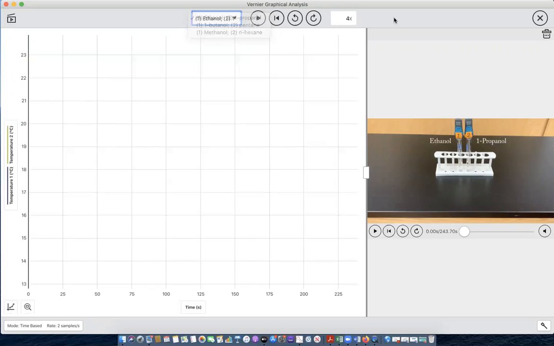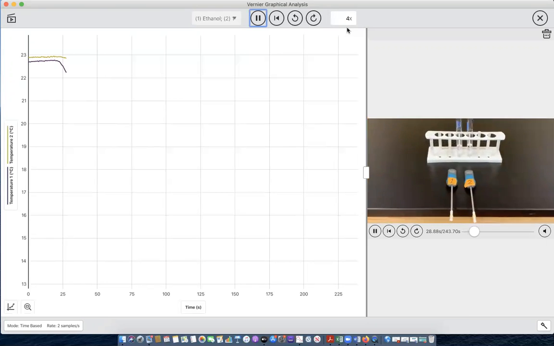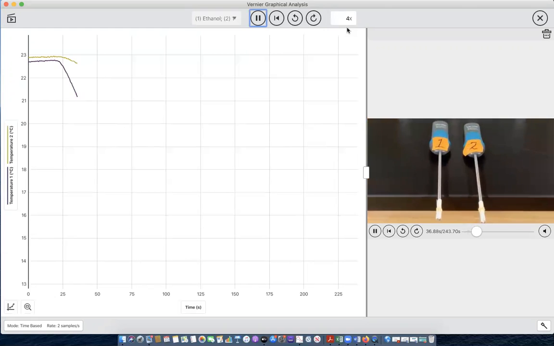So if I start running this, you can also see that the speed we have this being replayed at is 4 times the normal speed. So if the gentleman looked like he's going in there pretty quickly, yes. Number 1 is ethanol, and number 2 is 1-propanol. We can see that they show up as 2 different colors.